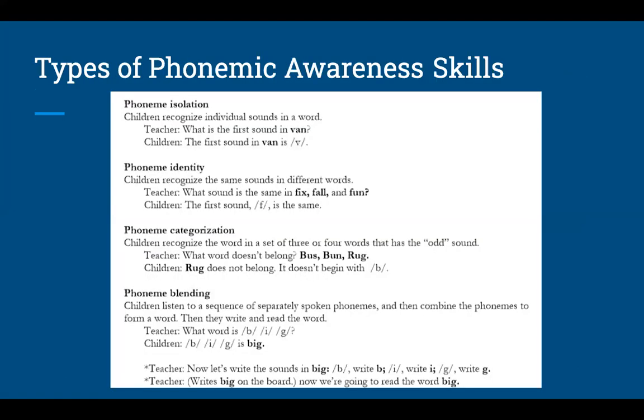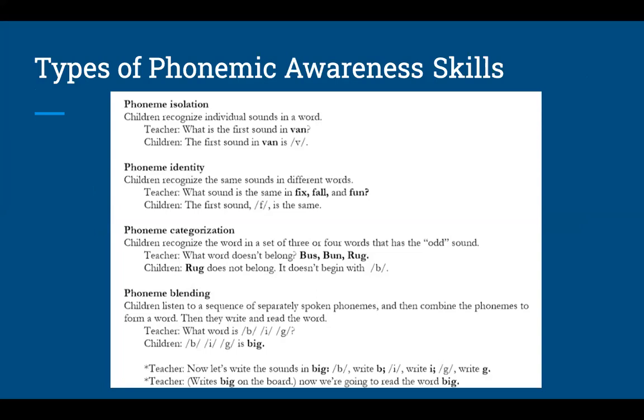And then under phonological awareness, we talked about rhyming, onset and rhyme, phonemic awareness tasks. Just like that, there's the phoneme tasks that we can break down at a deeper level. So isolation would be what is the first sound in the word van, which is v. And then we talked about before the reason the v is in those dash marks is because it's talking about the sound, not the actual letter.